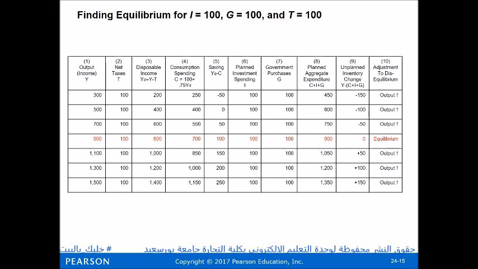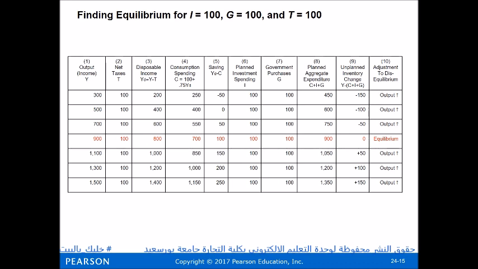Finally, note that equilibrium, using the first approach to determine the equilibrium level of income, requires that C plus I plus G equal Y, and we will find that this condition will be satisfied only at a level of before-tax income of 900, because at a level of before-tax income, which is Y, of 900, we will find that aggregate expenditure is also 900.